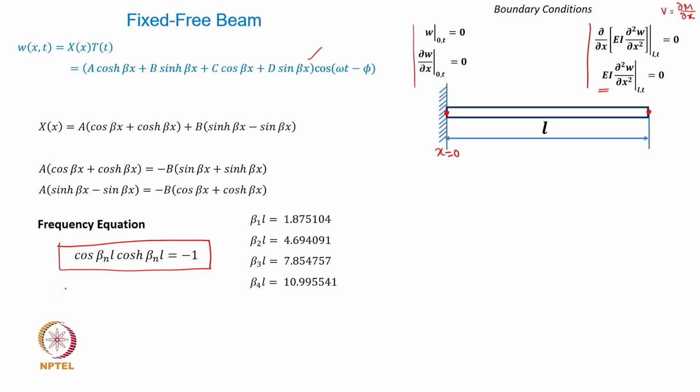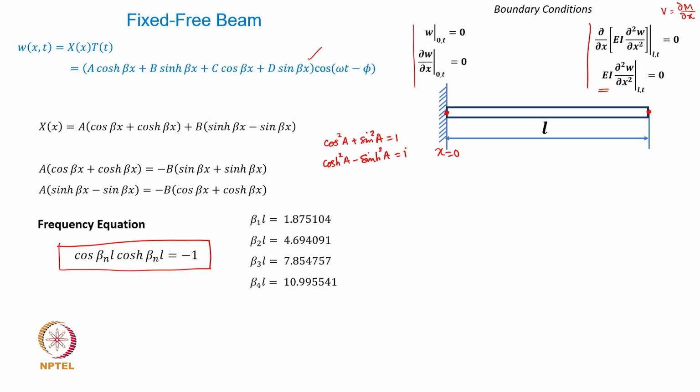You all know this identity: cos square a plus sin square a is 1, and you know that cosh square a minus sinh square a is equal to 1.